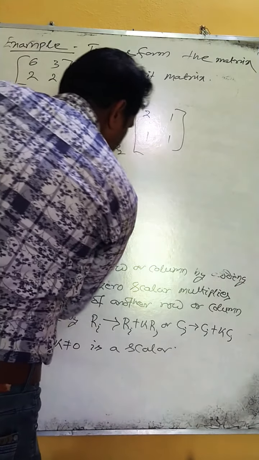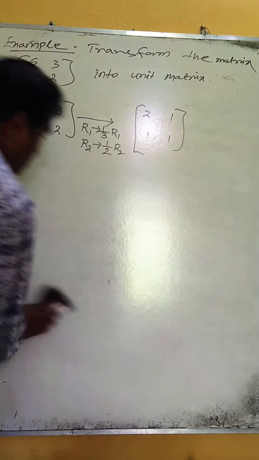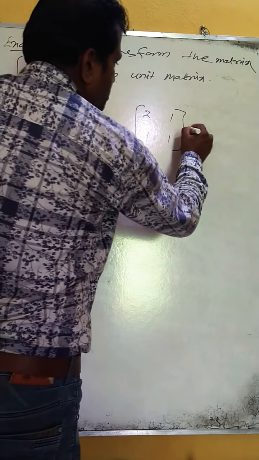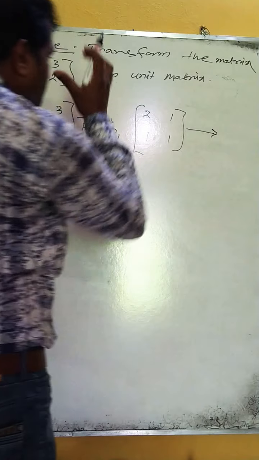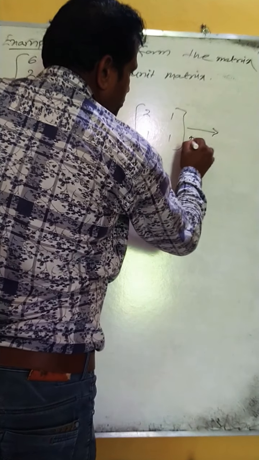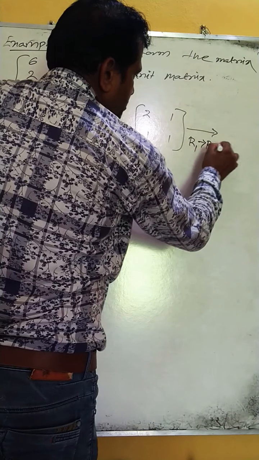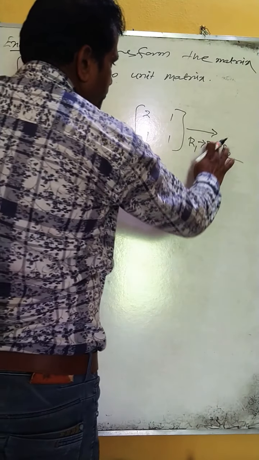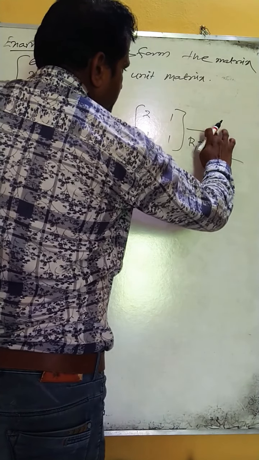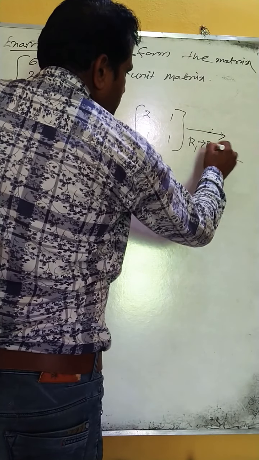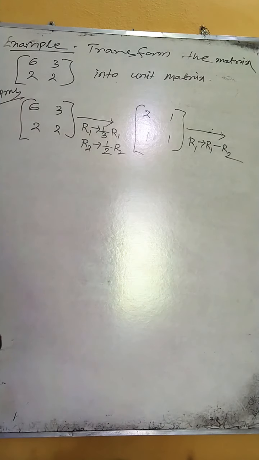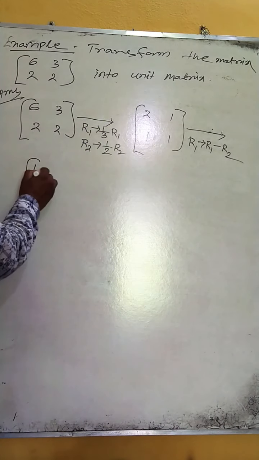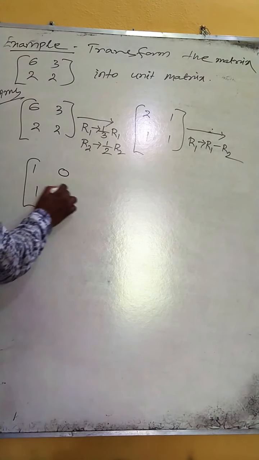Then we transform it to a unit matrix. So we subtract the second row from the first row, that means R1 becomes R1 minus R2. So we get the matrix [1 0; 1 1].